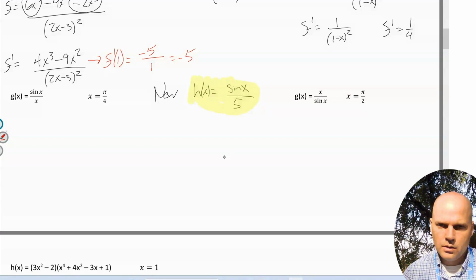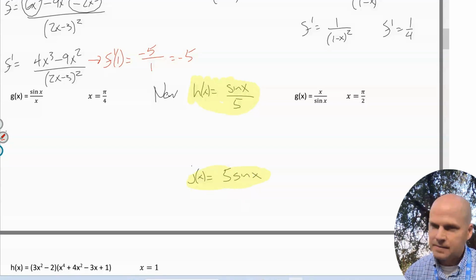And let's throw also another new problem: 5 times sine x. So a quotient, a product. I'll show you what we could do to get the answers without using the quotient or the product rule.